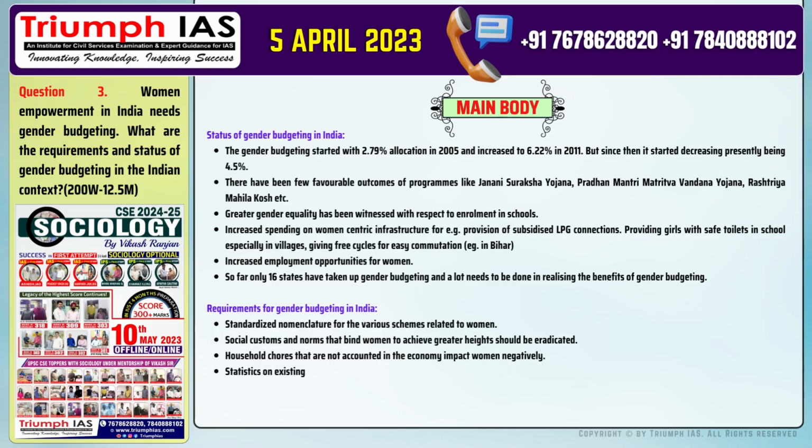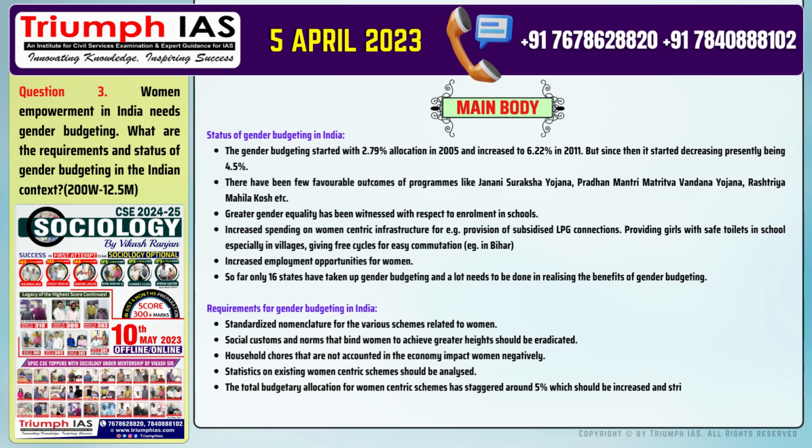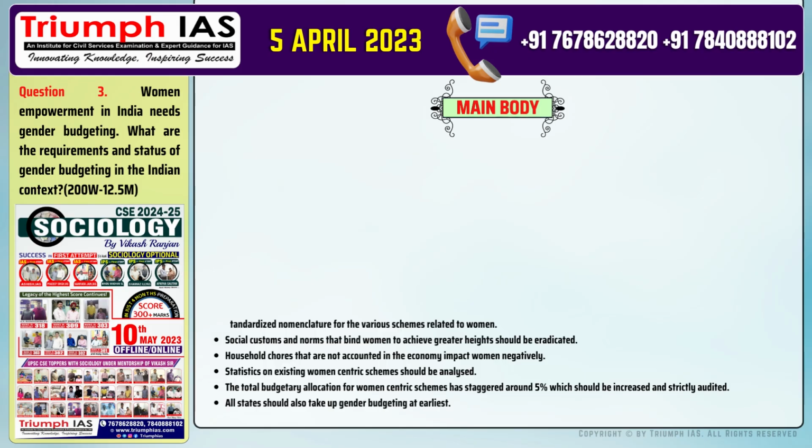Number 4. Statistics on existing women-centric schemes should be analyzed. Number 5. The total budgetary allocation for women-centric schemes has staggered around 5%, which should be increased and strictly audited. Number 6. All states should also take up gender budgeting at the earliest.